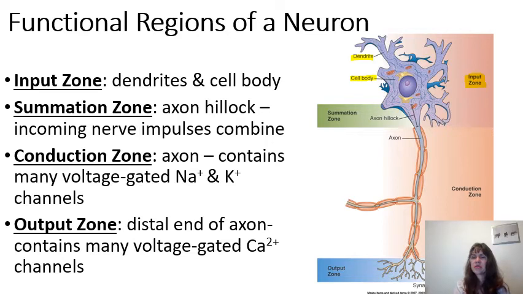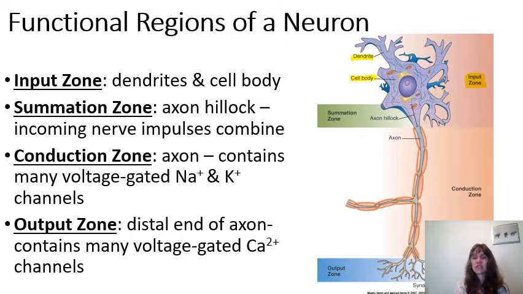Any input coming to a neuron, either from a sensory receptor, a sensory neuron, or another neuron, is going to form a communication known as a synapse with a dendrite or the cell body of a receiving neuron.